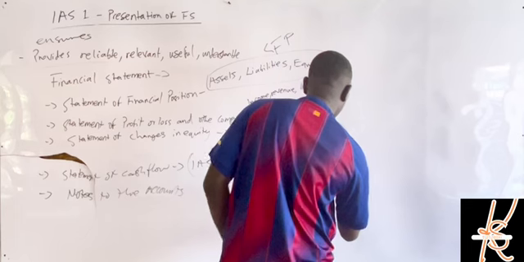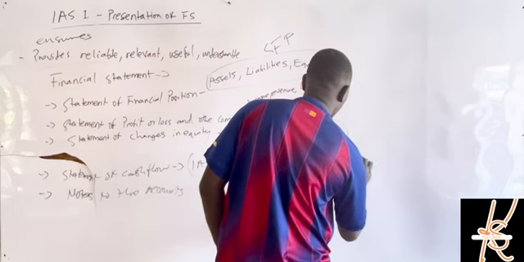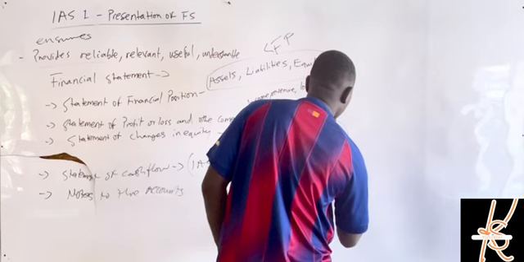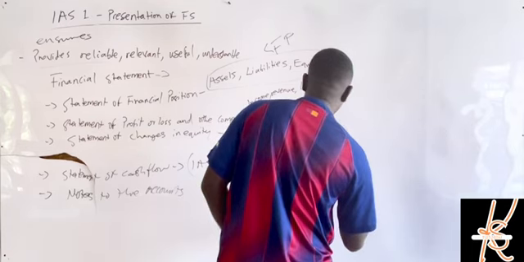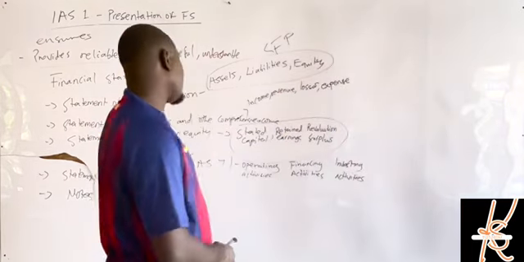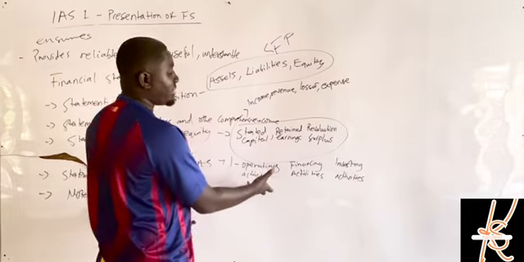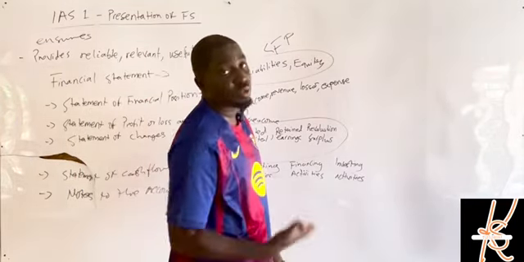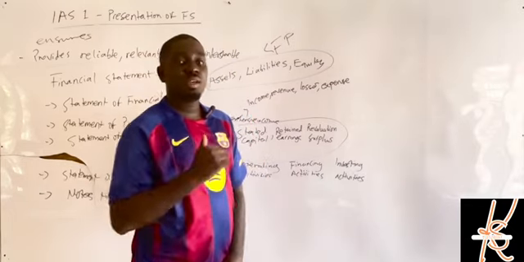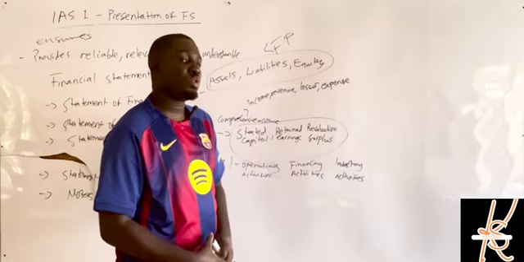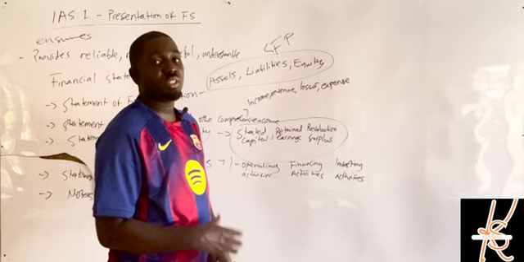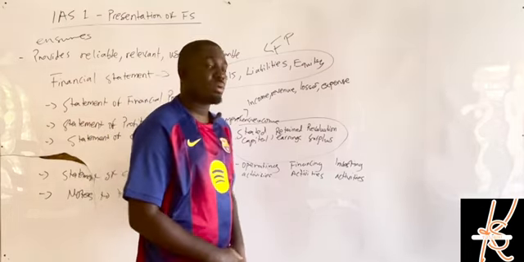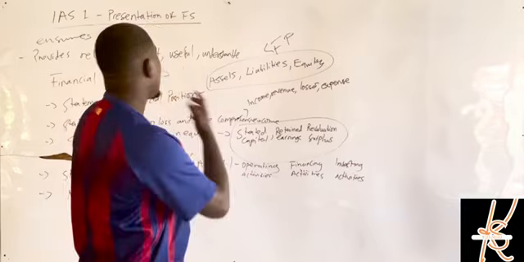And then we have the last one, investing activities. So when we get to IAS 7, we'll talk more about the operating activities, the financing activities, and then the investing activities. So stick with us. We'll give you very good explanation of what they are and then how you can treat them. Very simple way of solving IAS 7. Do we get it? But when we get there, we'll talk about that one. But for now, we are on IAS 1.